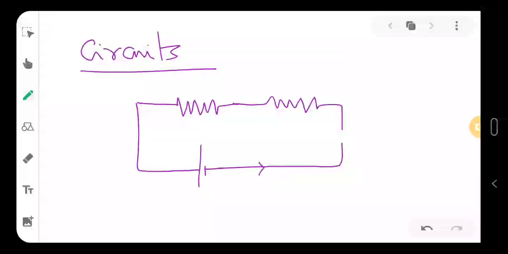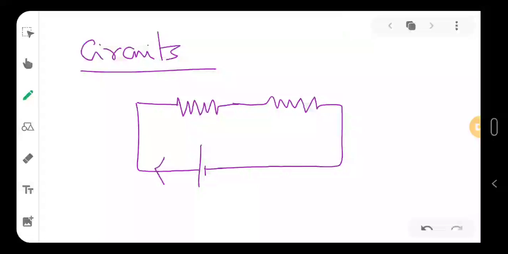Okay. And when we have a closed path, then we call it a closed circuit. Now though the electrons flow in this direction, for convention we take the direction of current in the opposite sense. That means in whichever way the electron is flowing, we take the current in the opposite sense.